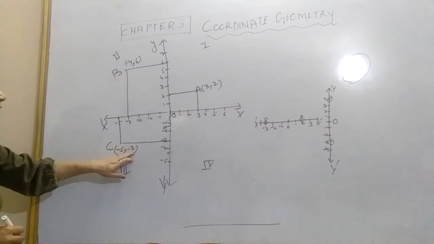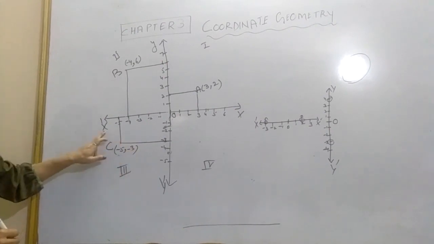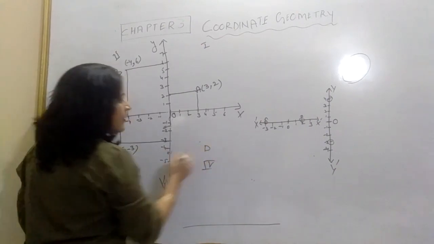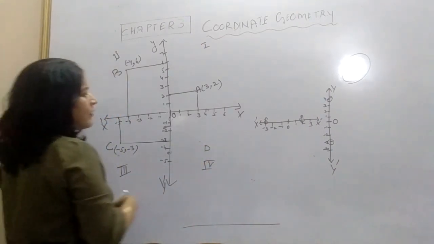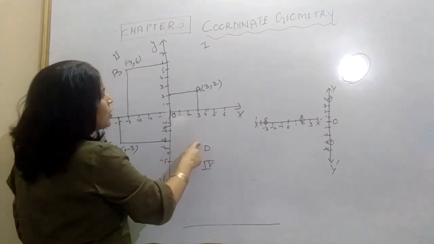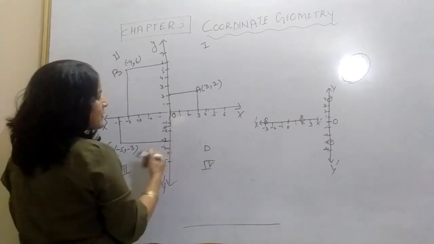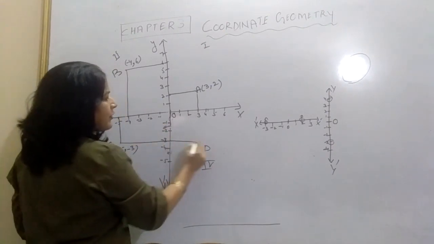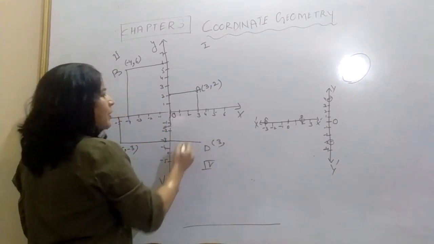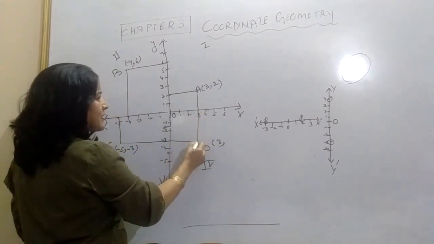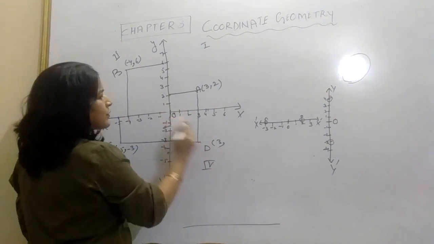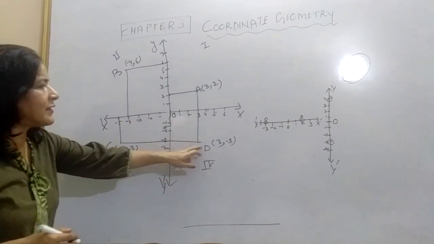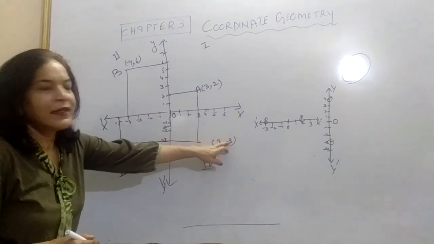Abscissa and ordinate are both negative in the third quadrant. And in the fourth quadrant, for this point, the perpendicular distance from the y-axis is 3 and the perpendicular distance from the x-axis is also 3 but minus, so this point D is (3, -3).